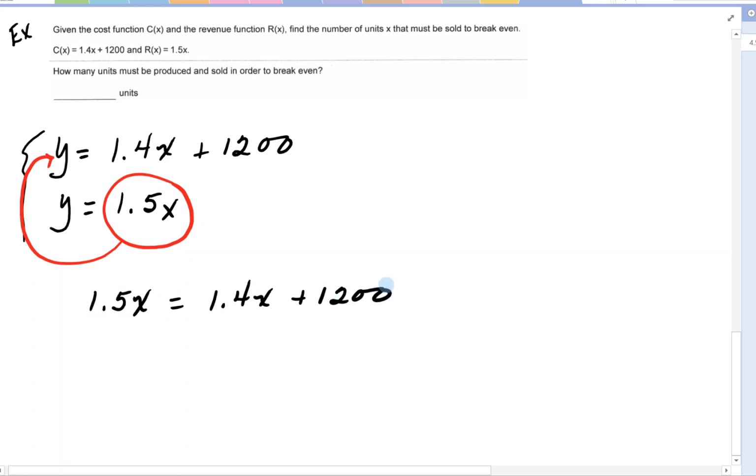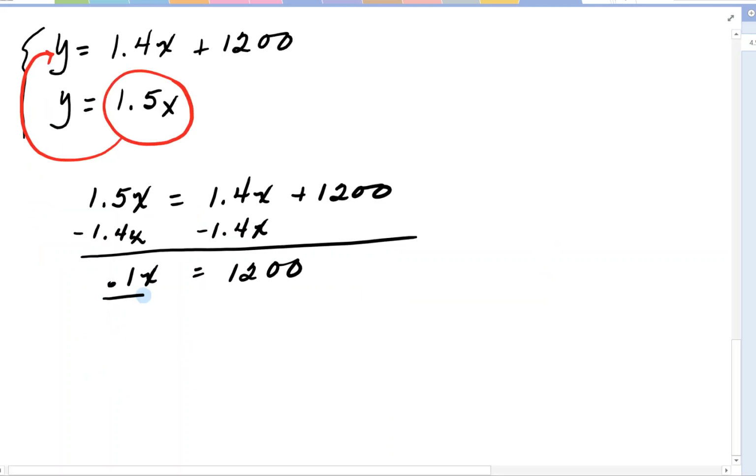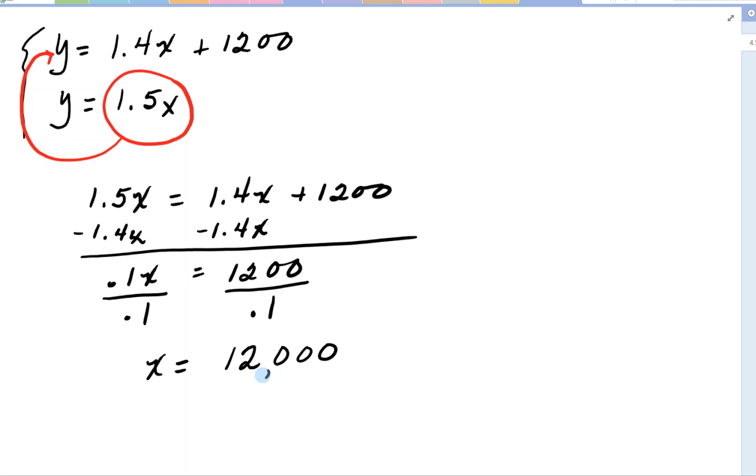Now, if you want to, you can get rid of all the decimals, but I really don't mind decimals. So I'm going to subtract 1.4x from both sides. That gives me 0.1x is equal to 1200. I'm going to divide by 0.1, divide by 0.1, and x is equal to 12,000. You need to sell 12,000 units in order to break even.